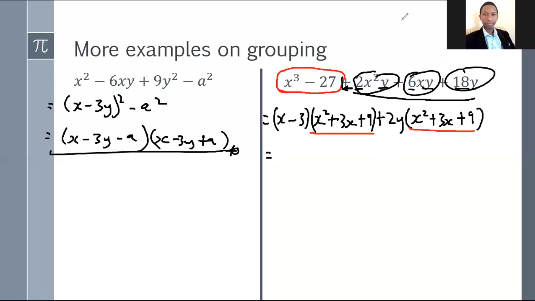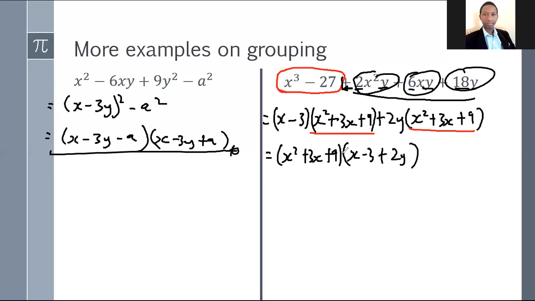It is common in both terms. So I will then say, well, x squared plus 3x plus 9 is the highest common factor at this point. What remains when I take it out here, I have x minus 3, and what remains there is a 2y. Once again, don't be tempted to add x and 2y or a negative 3. Leave it like that. There are no like terms. You must be disciplined enough.